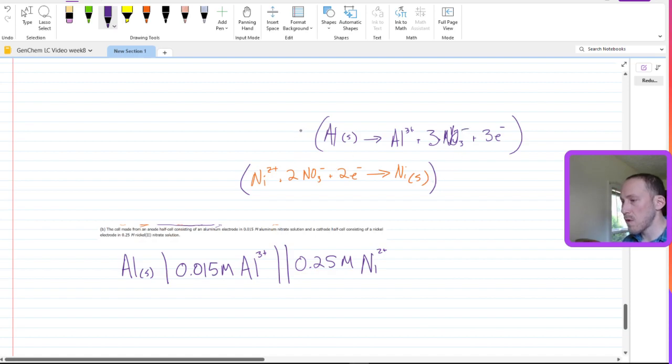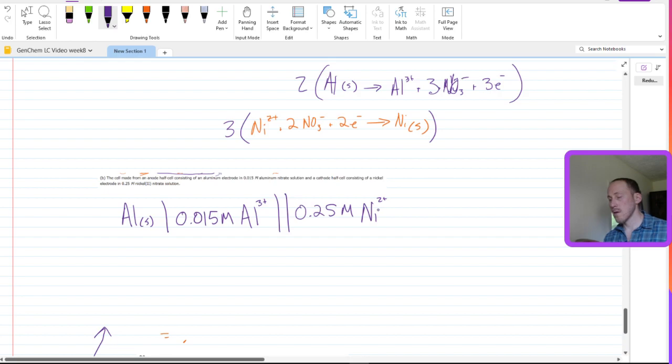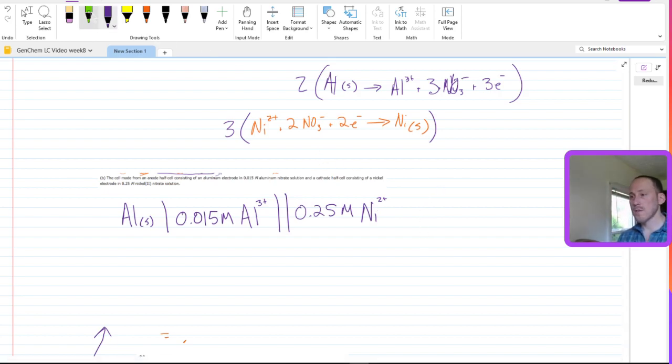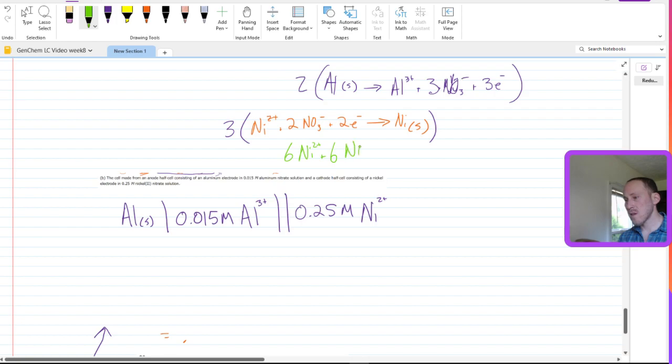What we have to do is multiply this by 2 and this by 3 in order to get, let's do this in green, 3 nickel 2 plus, 6 NO3 minus, plus, this is the crucial part, 6 electrons is going to lead to 3 solid nickels plus 2 aluminums. There we go.